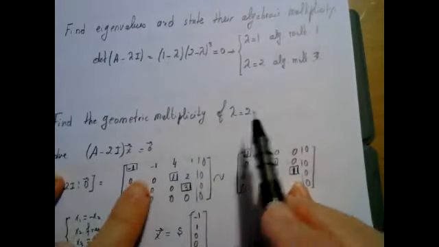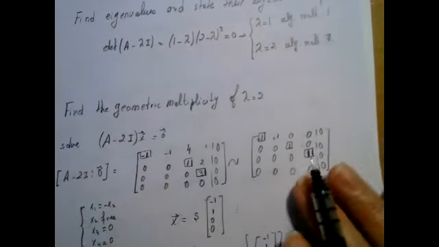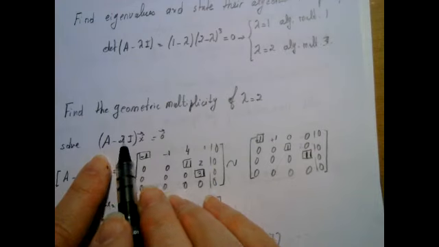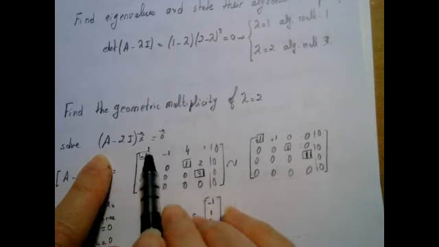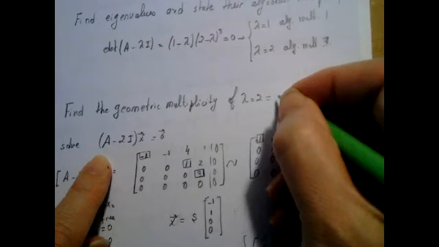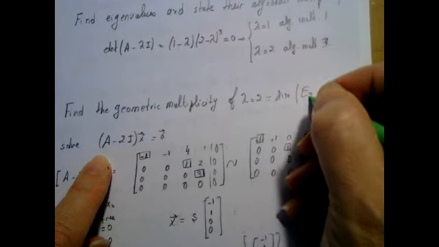Finally, find the geometric multiplicity of lambda equal to 2. It means we have basically to find a basis for the eigenspace that corresponds to lambda equal to 2, and ask ourselves, how many vectors are in the basis? So the geometric multiplicity is the dimension of E2.